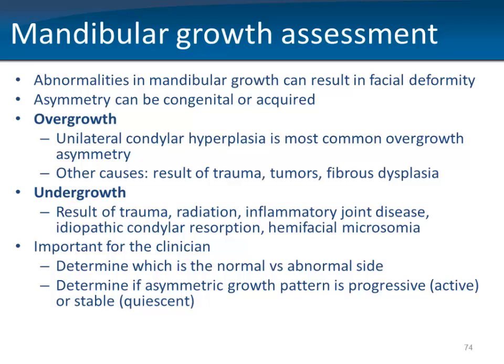Undergrowth, on the other hand, can result from trauma, radiation, inflammatory joint disease, or hemifacial microsomia. What is important to the clinician is to determine which is the normal side and which is the abnormal side, and to determine if the asymmetric growth pattern is progressive, that means it's still active, or it has become quiescent and is now stable.